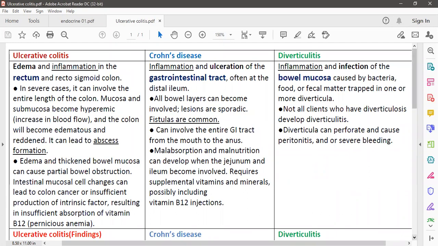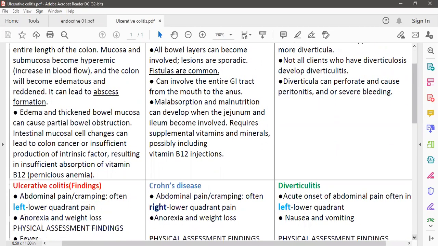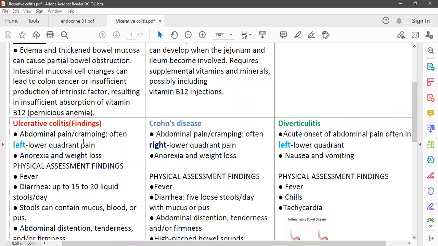So what is the nursing care? What are the nursing care of ulcerative colitis, Crohn disease, and diverticulitis? As an LPN or RN, we monitor for the signs of peritonitis. What are the signs of peritonitis?